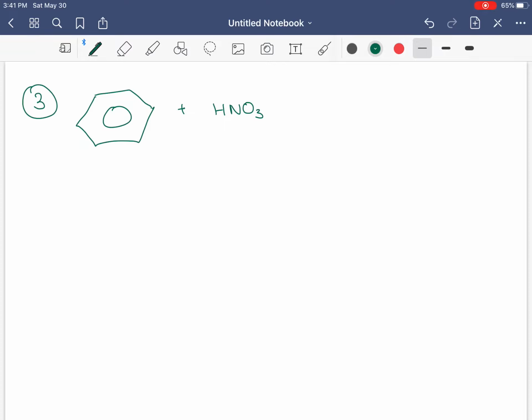The idea is very similar. You're under some sort of acidic condition, a strong acidic condition like sulfuric acid. If that's the case, a nitro group will break apart from the hydrogen. So these two are going to break apart. You're going to get H plus and NO3 minus.